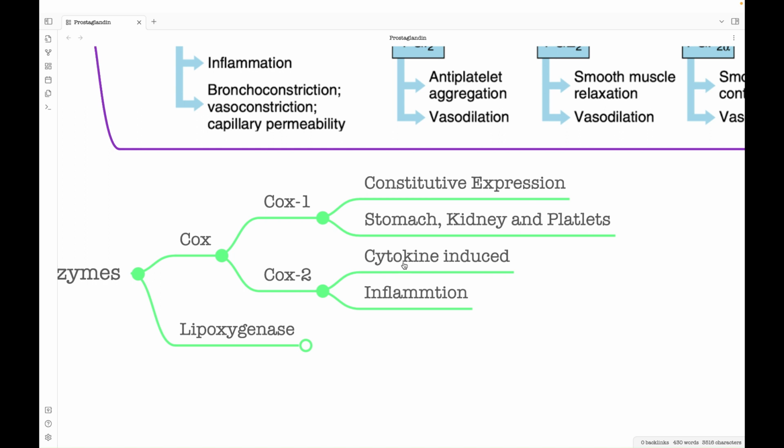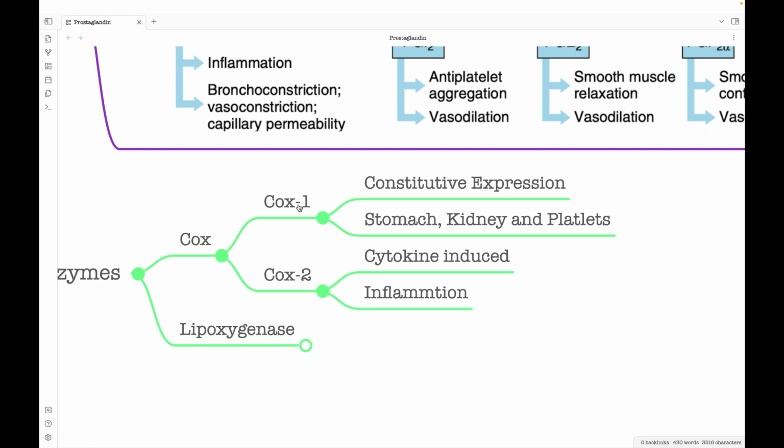Whoever was affected by COVID, the cytokine level increased, and as a result inflammation was caused. At that time COX2 was also playing a major role in both inflammation and these induced cytokine symptoms, which is now known as cytokine storm. So these are the two things about COX, or cyclooxygenase.